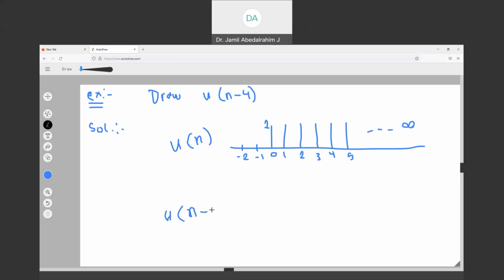So the solution for u of n minus 4 will be like that. Our start point will be from 4, 5, 6, and so on.